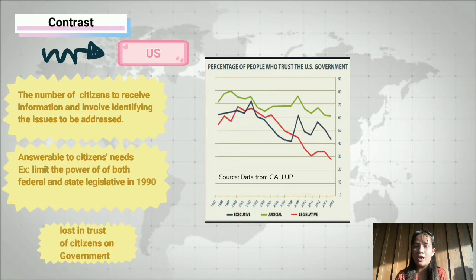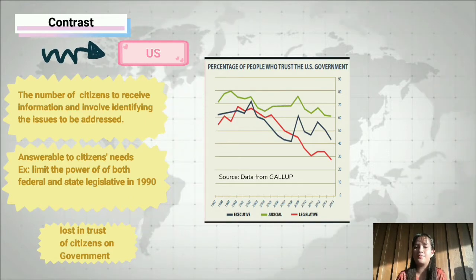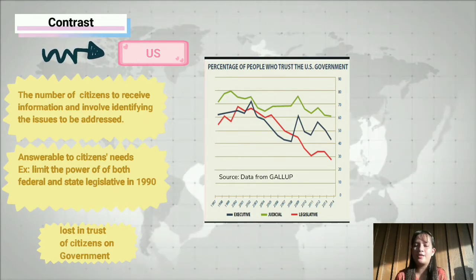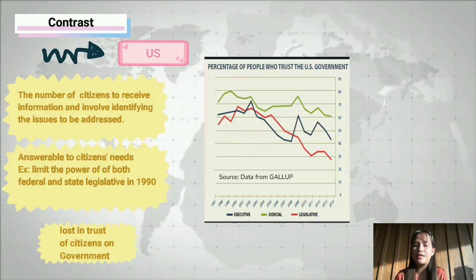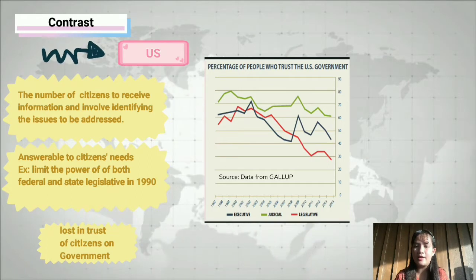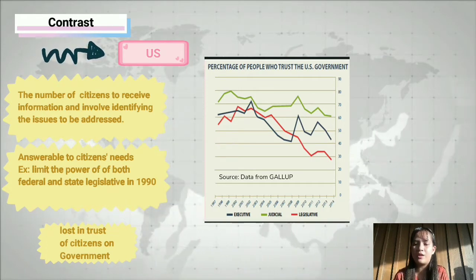According to University of Denver research, almost 50 years ago, 77% of US citizens believed that their government would do the right thing always or most of the time.